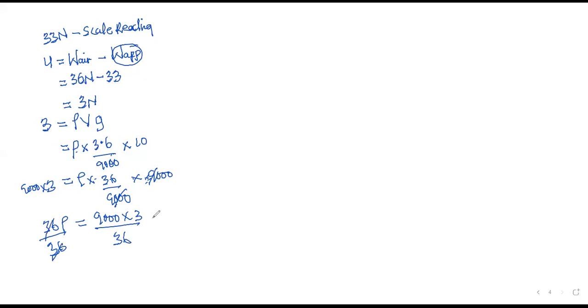When you do that, 3 going into 36 is 12. So 9,000 divided by 12 is equal to 750 kilogram per meter cube. Yasmin, that's how we got the answer. Are you fine? Yes, sir. All right.